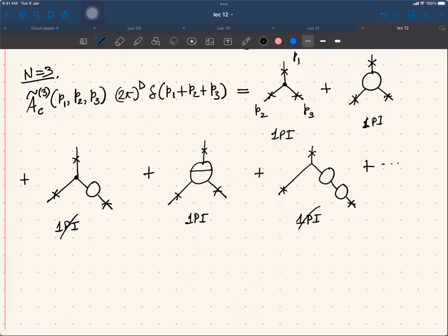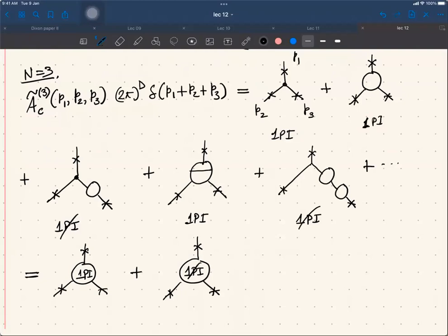Now, if you write this full set of diagrams in the following form, 1 pi plus non 1 pi, then the question is what is the form of the non 1 pi diagrams?